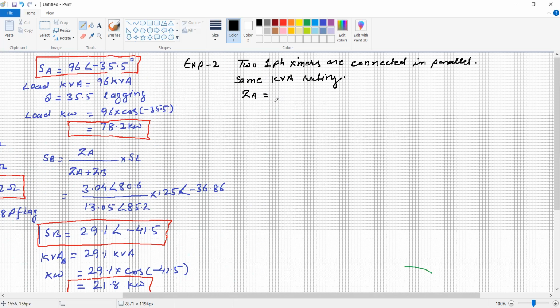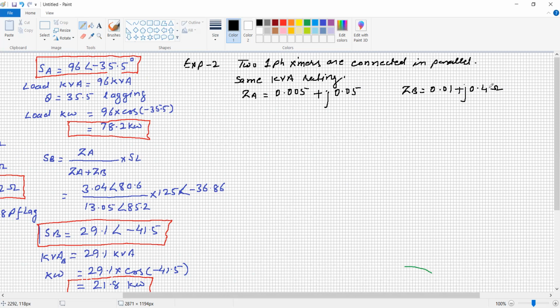For ZA, the resistance is 0.005, and for the second transformer the resistance is 0.01, with reactances of 0.05 plus J0.04 ohm per unit.